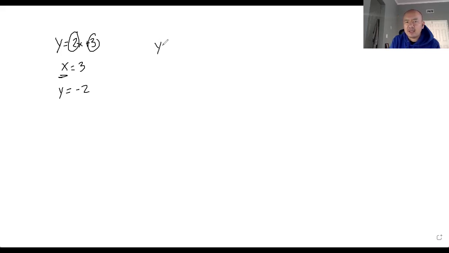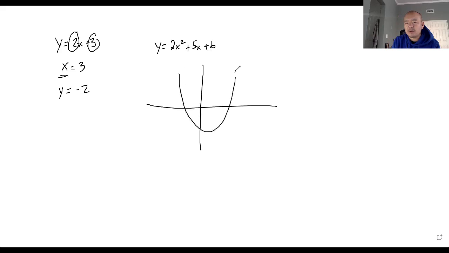So let's just say y equals 2x squared plus 5x plus 6 or something like that, right? And the way to solve this is, let's just say you have an equation, this is a parabola, right? Wherever the parabola hits the x-axis are the solutions to the quadratic equation.